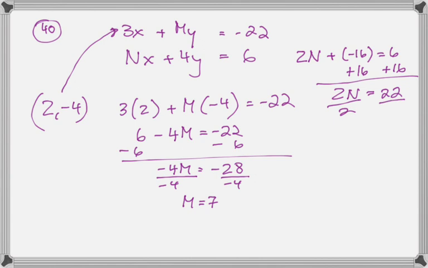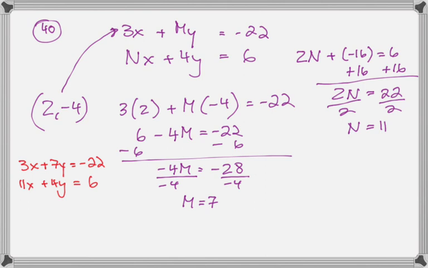Divide by 2. n is 11. So our system of equations in this case is 3x plus 7y equals negative 22, and 11x plus 4y equals 6. Is that true? 22 minus 16. Yep, there you go.